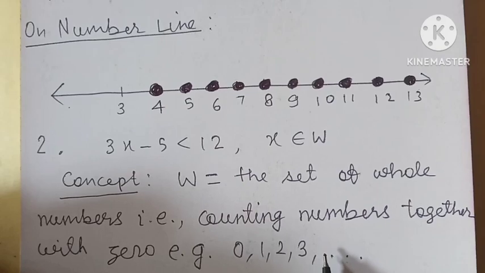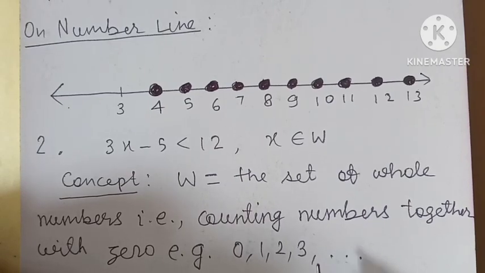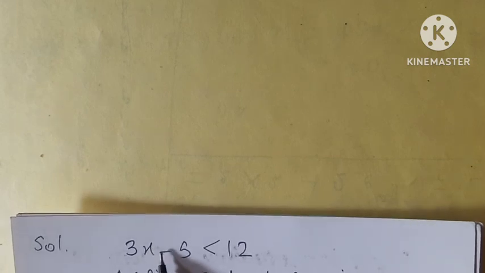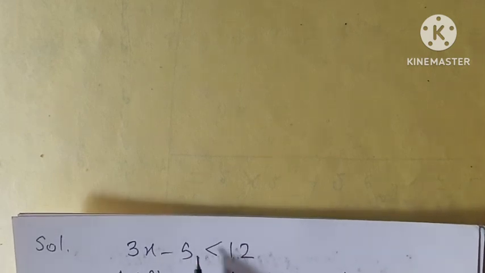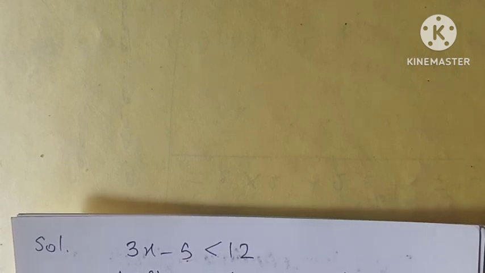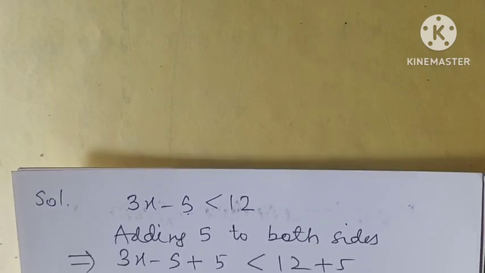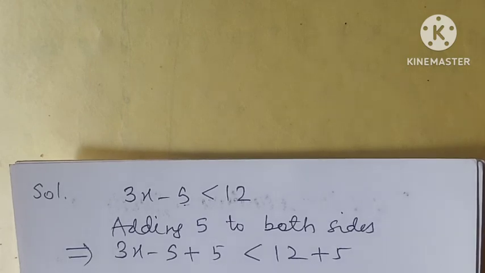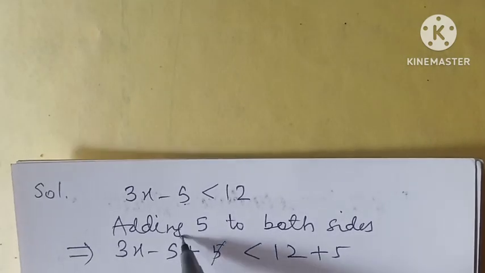These numbers form the set of whole numbers. Here 3x minus 5 is less than 12. We have to remove this 5. 5 is subtracted here. So add 5 to both sides. Then minus 5 and 5 cancel. So 3x, and here we have 17.